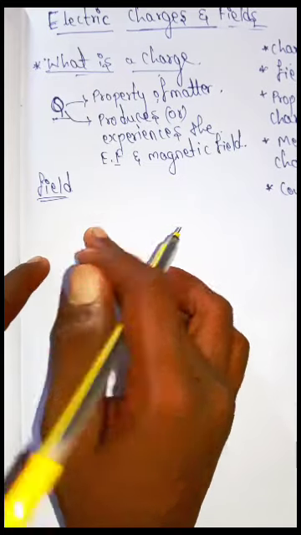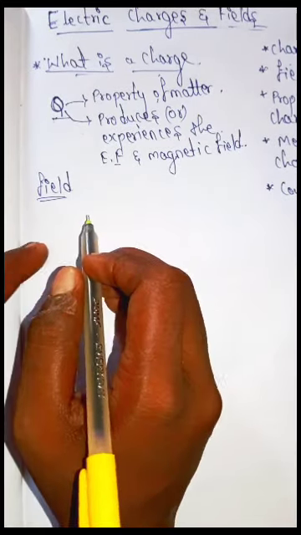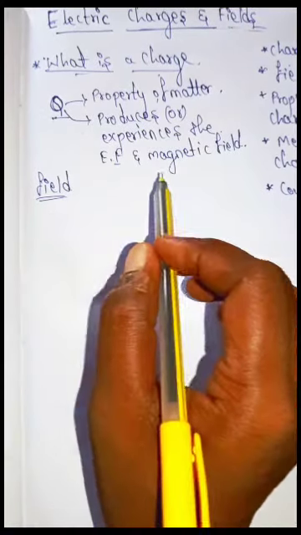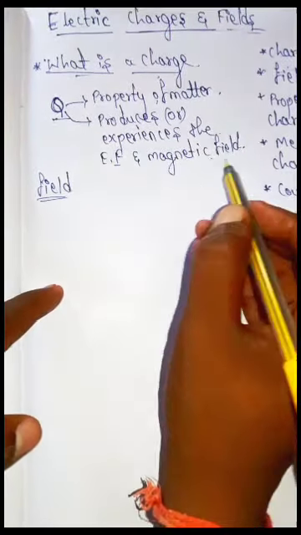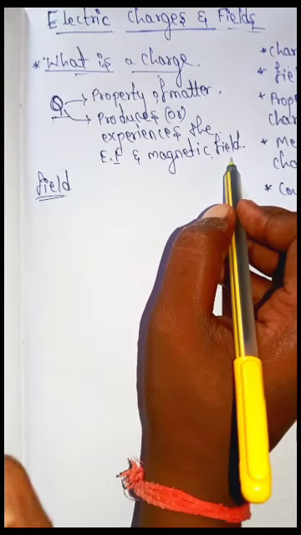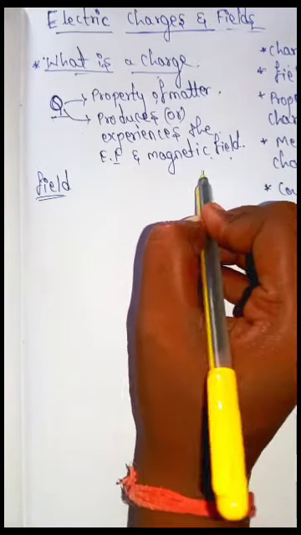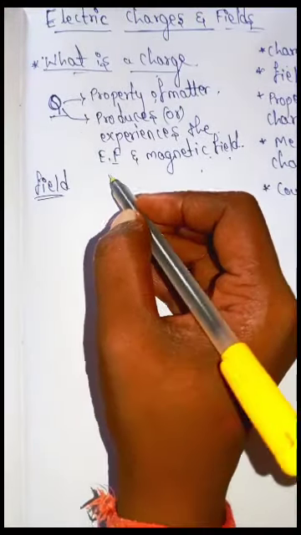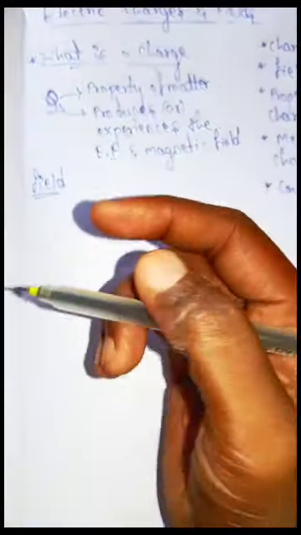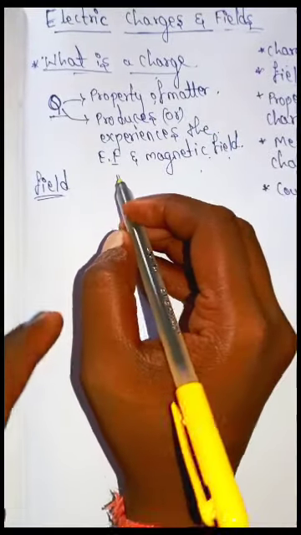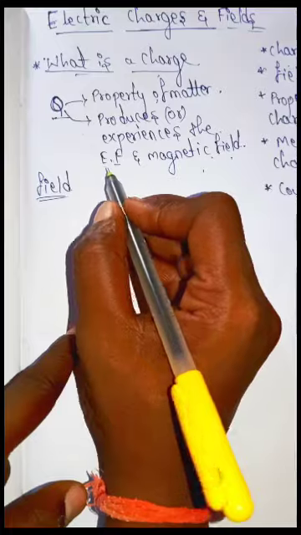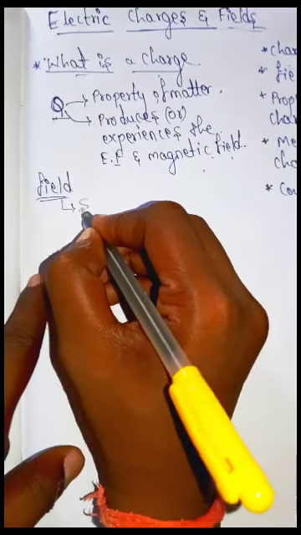The space around the charge is known as an electric field. The space around the magnet is called a magnetic field. It experiences the magnetic attraction or repulsion, magnetic force. In an electric field, there will be an experience of the force of attraction or repulsion by the charges, right?